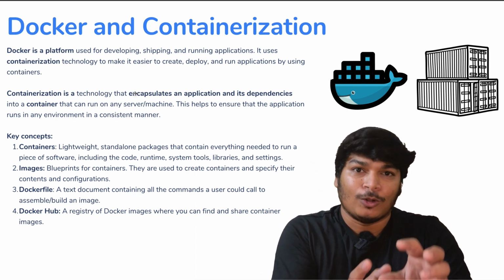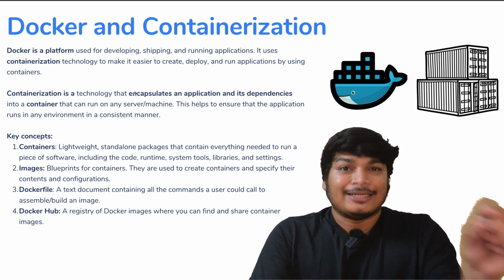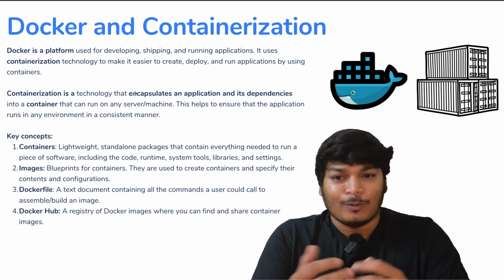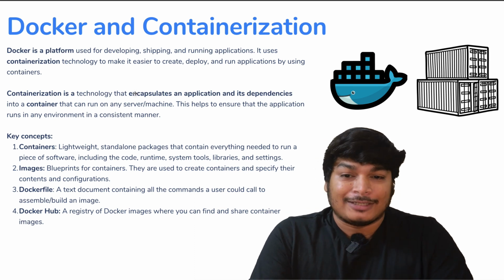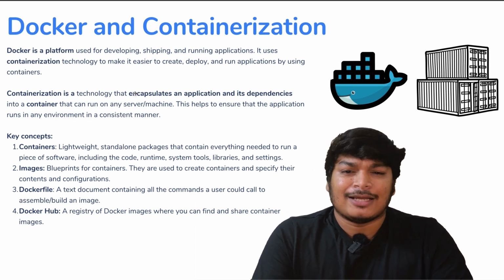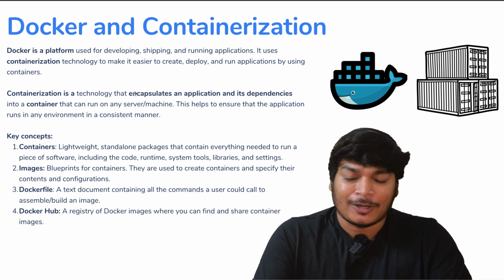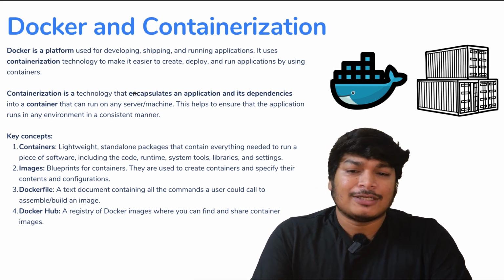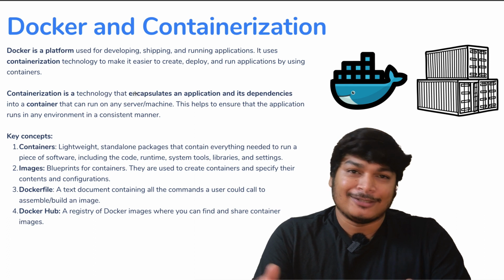So you store all the OS data and every data into these images, and containers are actually the running state of these images. Then, what is the Dockerfile? A Dockerfile is a text document that contains all the commands a user could call to assemble or build the image. And finally, there's Docker Hub. Docker Hub is a registry of Docker images where you can easily find and share container images.